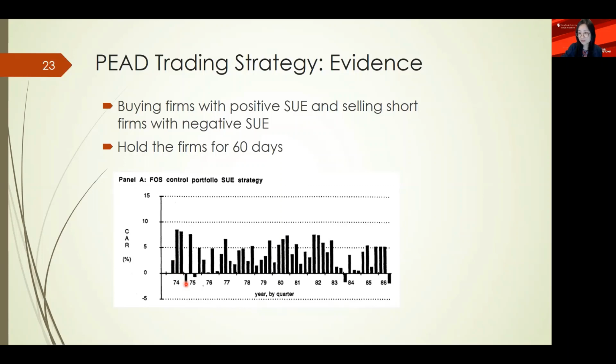You can see that this long-short strategy performs extremely well. It has only 4 negative returns in the 13-year period, quarter to quarter.